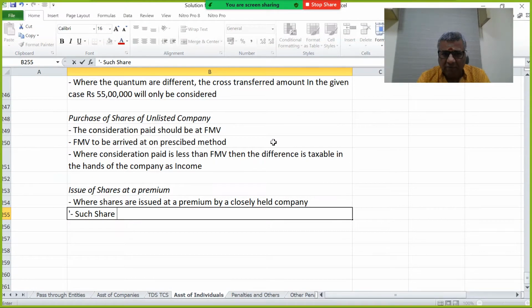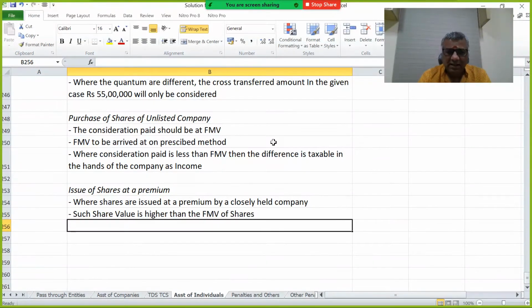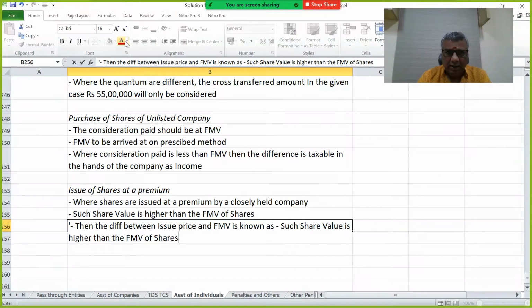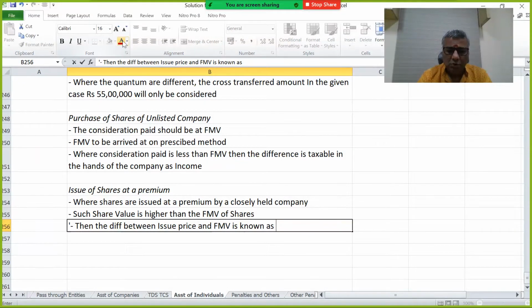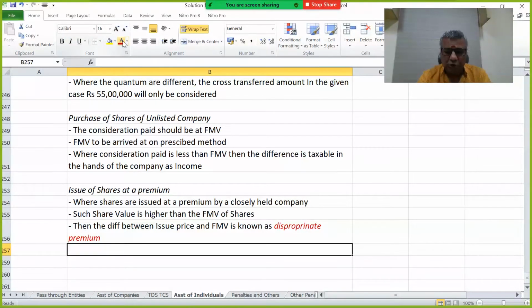Such share value is higher than the fair market value of shares, then the difference between issue price and FMV is known as disproportionate premium.